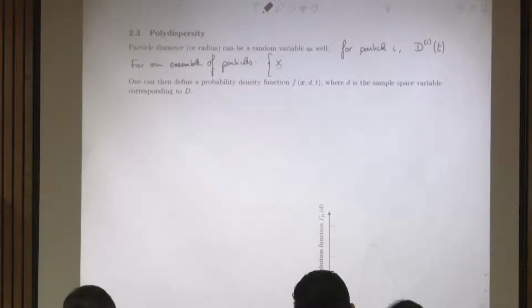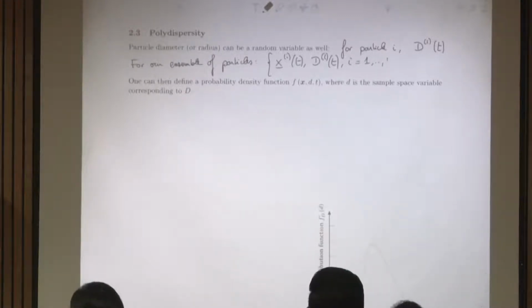I'll be working with the position of particle i as a function of time, and the diameter of particle i, for i equal to 1 all the way up to the number of particles, which could also be a function of time. That's our set of random variables.